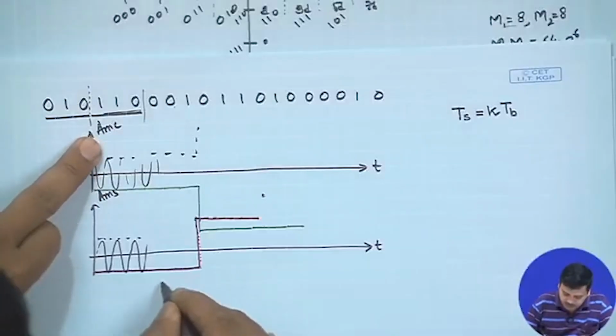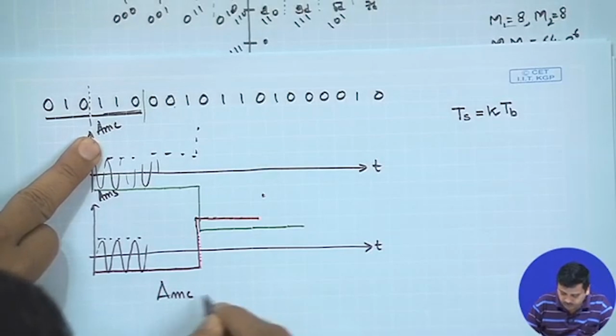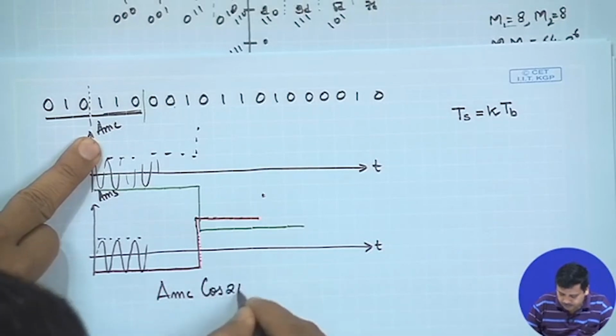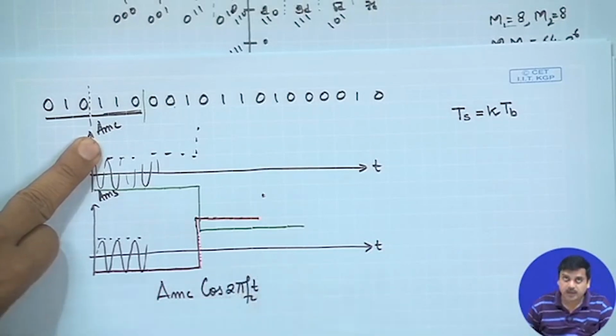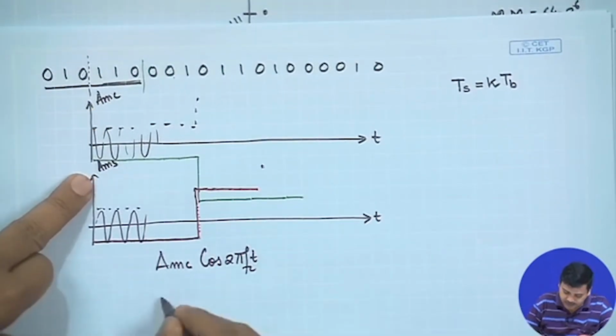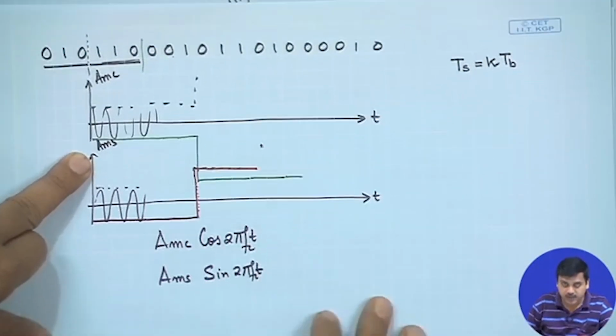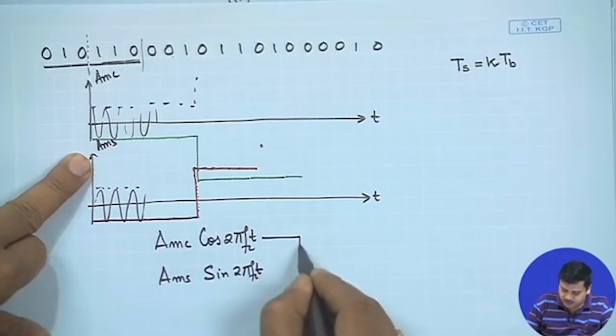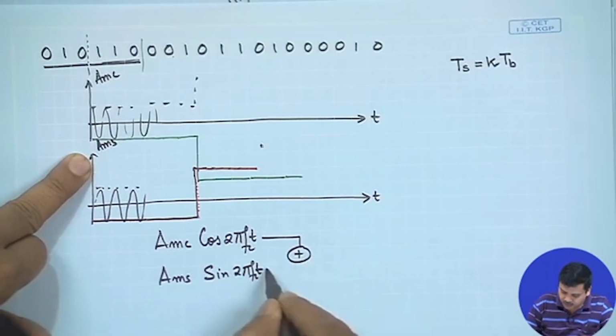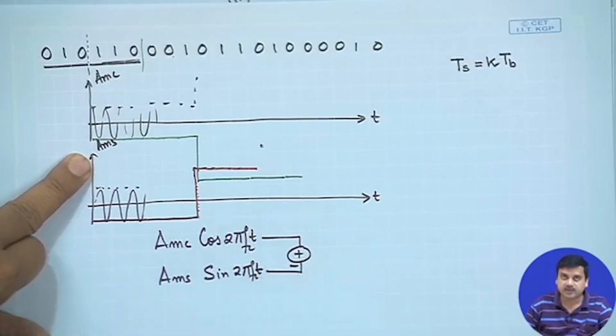So, at the output you are going to get this amplitude and you will also be getting the second amplitude. Right, and then you are going to add it, but of course there will be a negative sign in front of it.